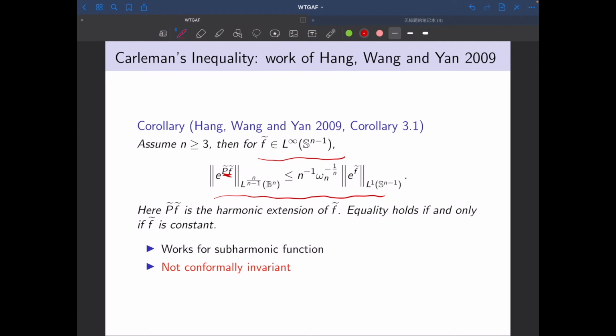They also identified all the extremal functions. They proved that equality holds if and only if f tilde is a constant. And as you can expect, this will work for a subharmonic function as well. But since equality only holds when f tilde is constant, this is not going to be conformally invariant.